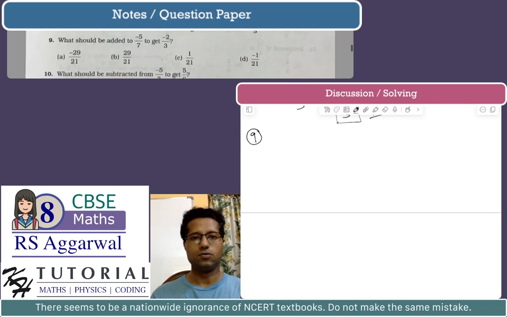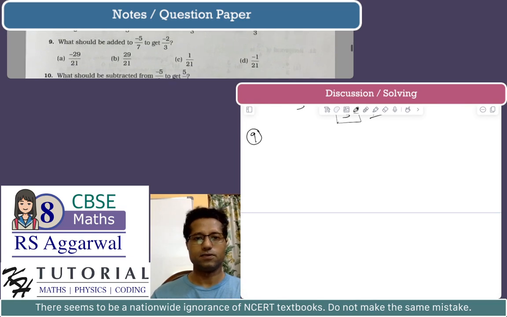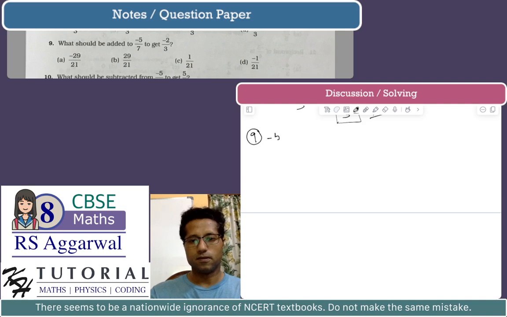What should be added to minus 5 by 7 to get minus 2 by 3? So let's say the number to be added to minus 5 by 7 is x. So we get minus 5 by 7 plus x equals minus 2 by 3. So this implies x is equal to minus 2 by 3 minus 5 by 7.